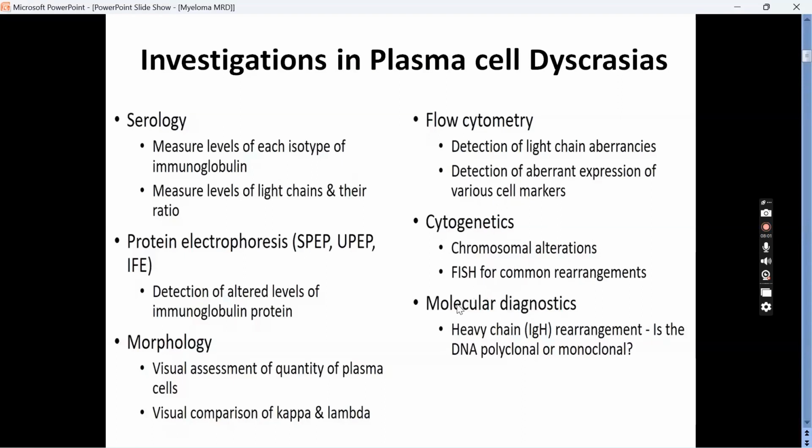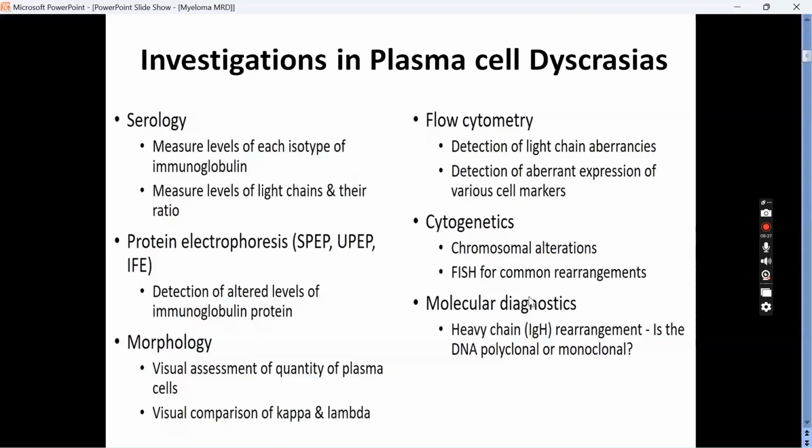Molecular diagnostics, yes, it is useful, but you should know what rearrangement was present. When you want to do molecular MRD, one important thing you want to know is the molecular signature at baseline, at the diagnostic point. For B-cell MRD and myeloma MRD, you need to know the immunoglobulin rearrangement, and in case of T-ALL or T-cell MRD, the TCR rearrangement.